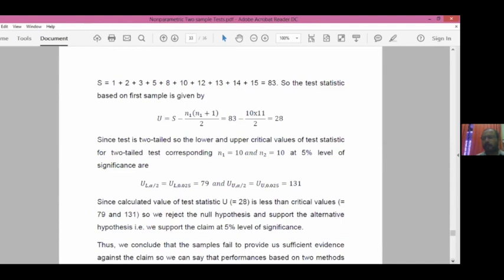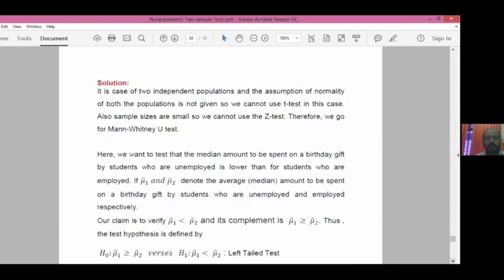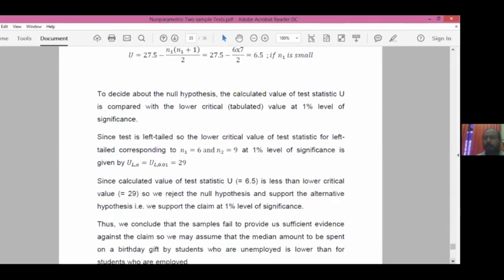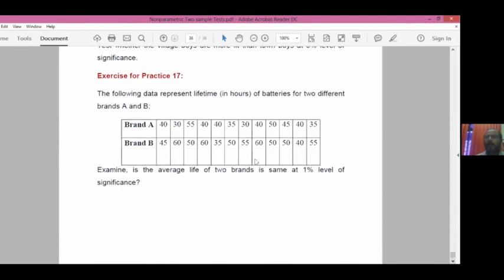What I want to convey is the different methods, and examples are also given here. Now there is very little time, so I have to work out some examples through SPSS. I will stop this now. Just a moment.